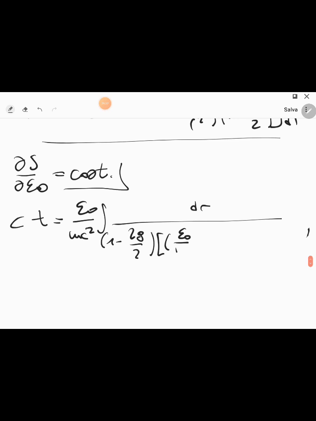Energy zero on mc square minus 1 plus m square c square r square. Oh, it's too long. 1 and 2. Okay, so we found a particular term, and this term is time.